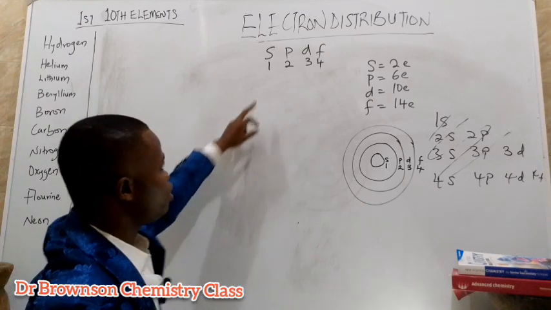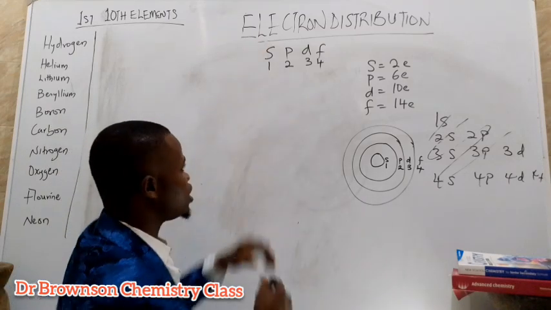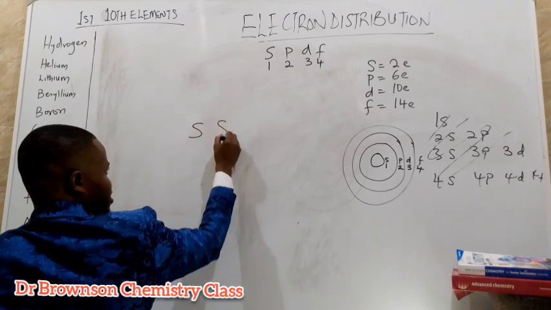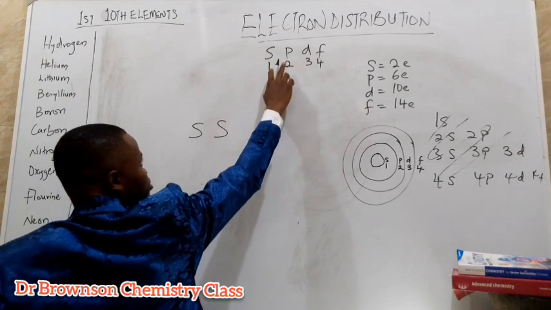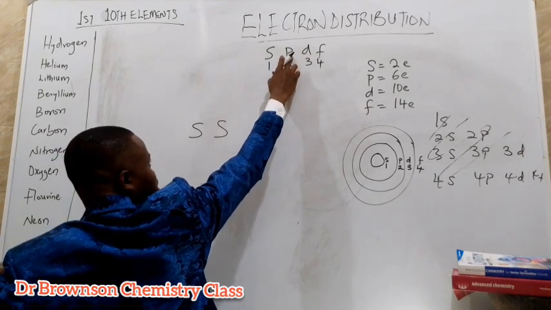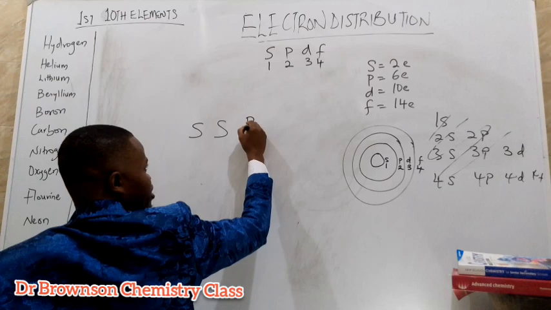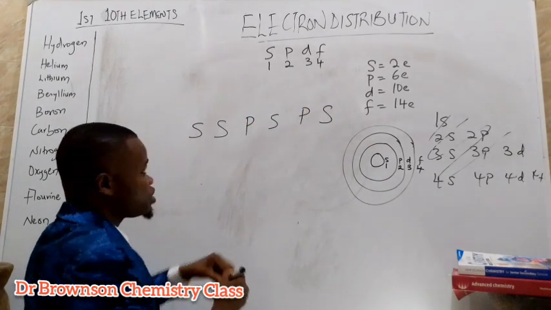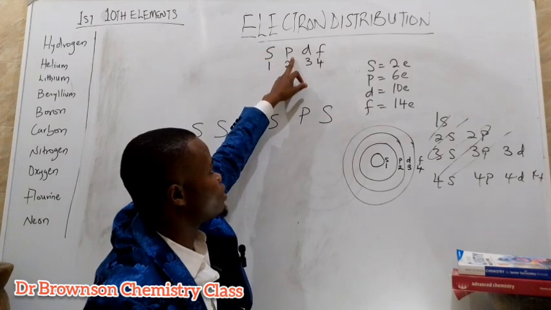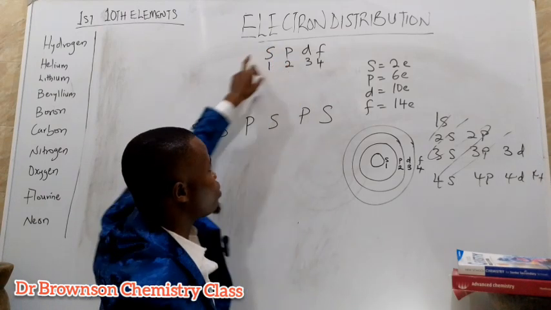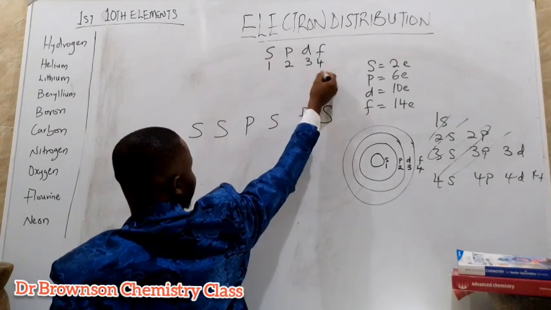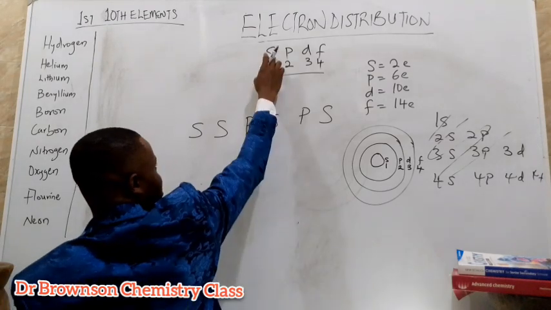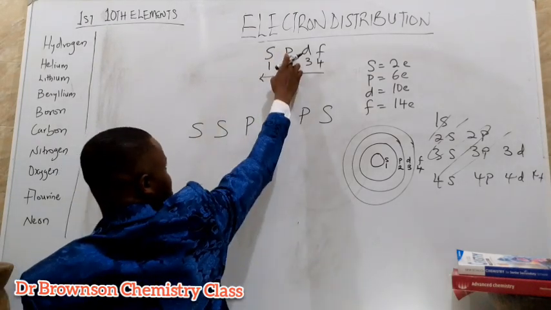So I said you double each orbital twice backward. We have S, S. The next one is P, so we have P S, P S. Remember, each orbital goes backward twice: S backward twice, P backward twice.